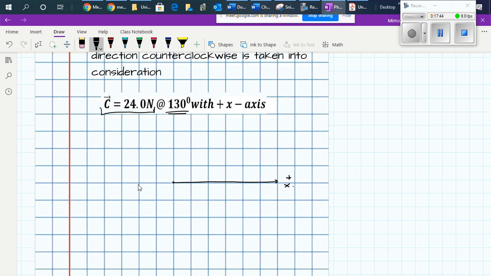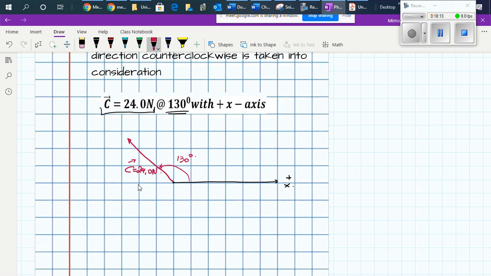And then 130 degrees with the positive x-axis will be an angle in the counterclockwise direction. It will be an angle that looks like this. So the line that represents vector C will be this one here, 24 newtons.